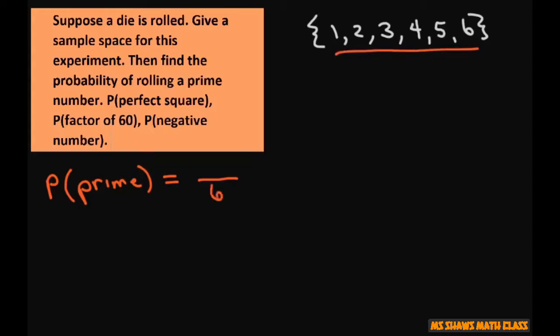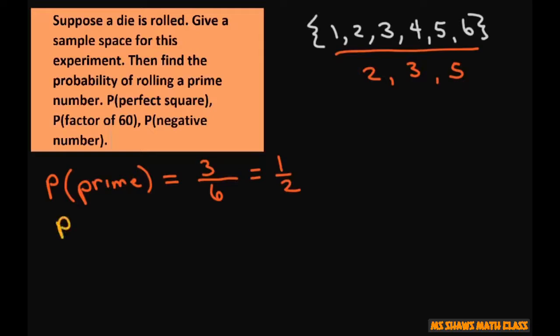So that's 6 in the set. The prime numbers are 2, 3, and 5 by definition. So we have 3 divided by 6, and that is 1/2.